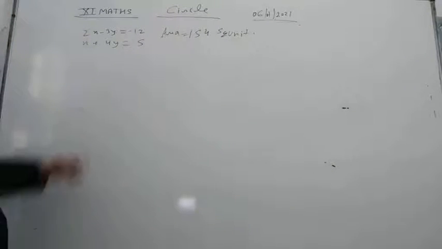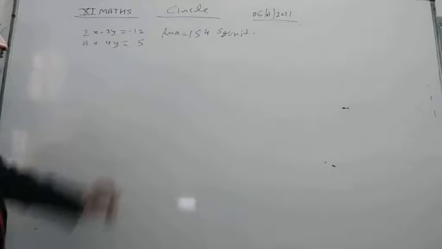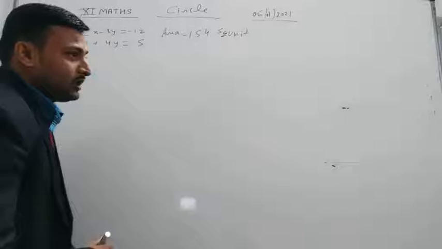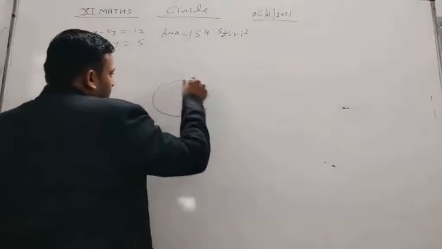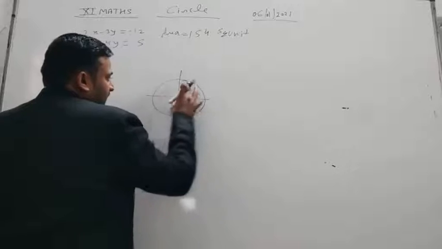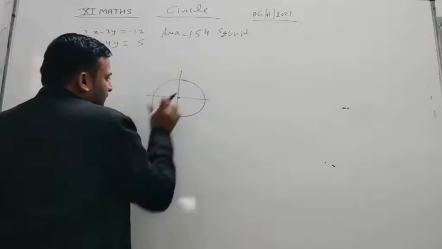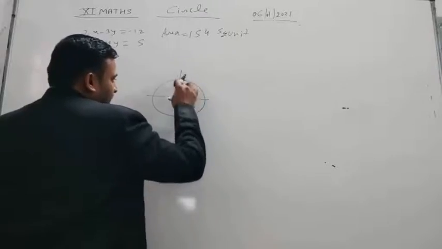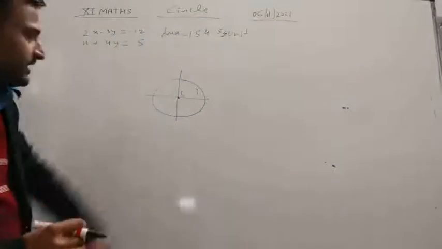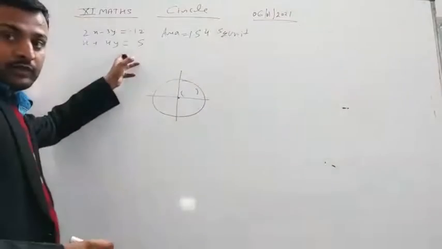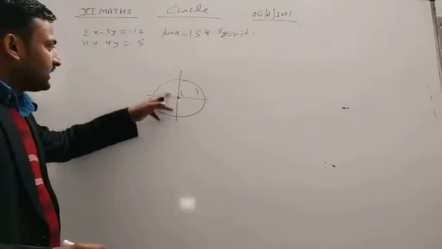Okay student, so this is 2x minus 3y is equal to minus 12 and x plus 4y is equal to 5. So these are the two equations of a diameter of circle. We are seeing that these two diameters intersect at this point. So the intersection point of these two diameters will be our center of the circle. So we will find the intersection point of these two equations, that will be our center of circle.